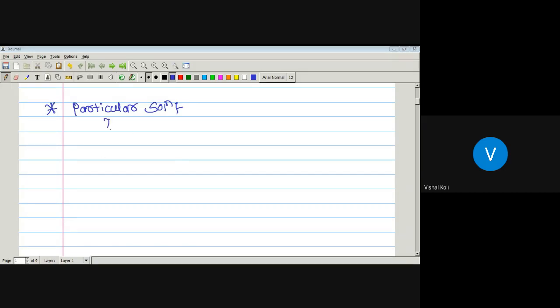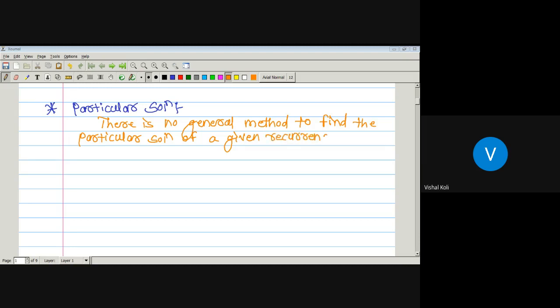There is no general method to find a particular solution of a given recurrence relation for every function f of n.